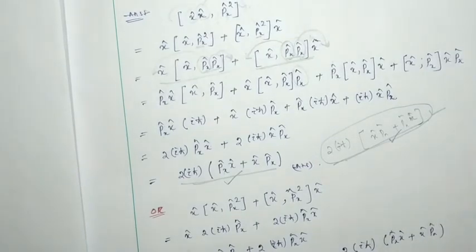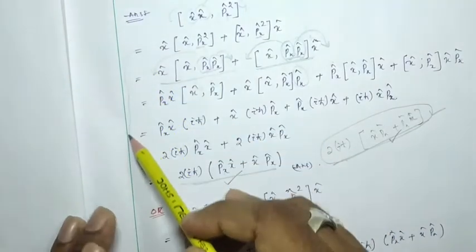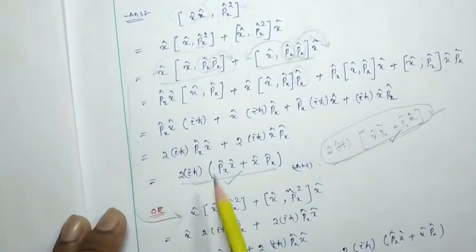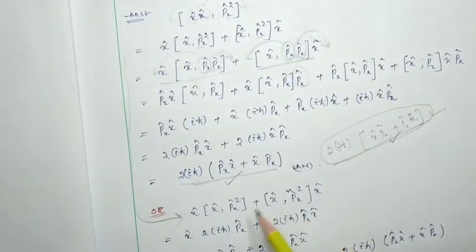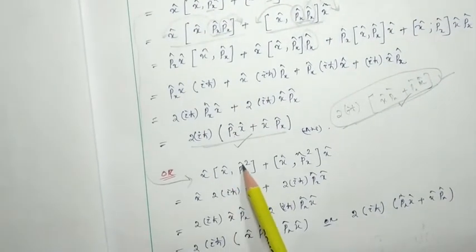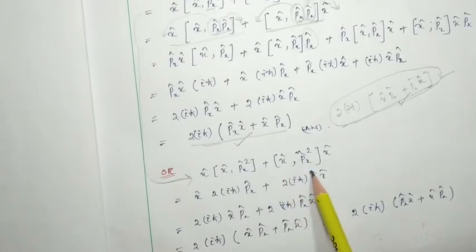Okay, this question also can be done in this way. From this step, consider this step only, which I have written over here, that is the commutation of x̂ with pₓ x̂ square and x̂ pₓ x̂ square x̂. So previously we know pₓ x̂ square from our previous result, that is 2iħ pₓ x̂; this value also is 2iħ pₓ x̂.